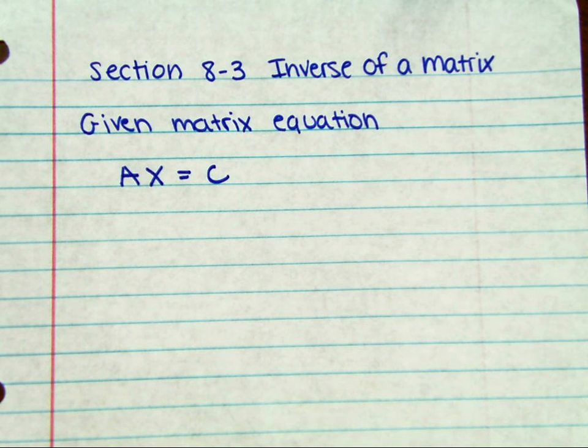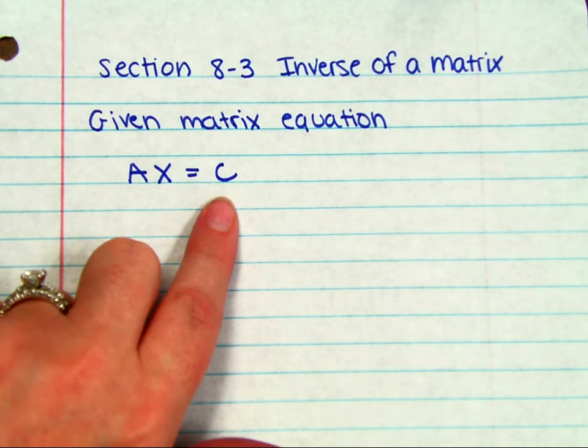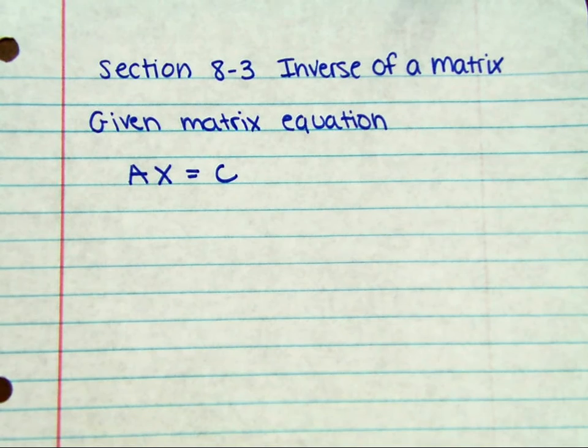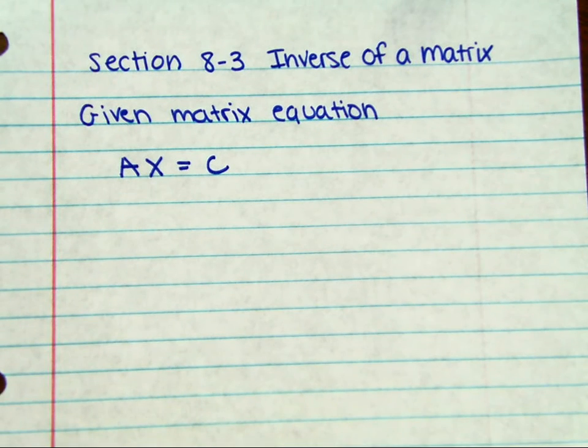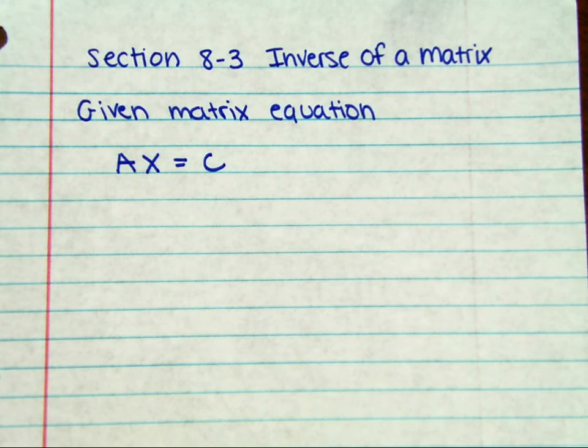And you were given matrix A, and you were given matrix C, and you were told that you needed to figure out what matrix X was. Now, you would want to divide to figure out what matrix X was. You would want to take C and divide it by A. But we have no such thing as division when we talk about matrices.